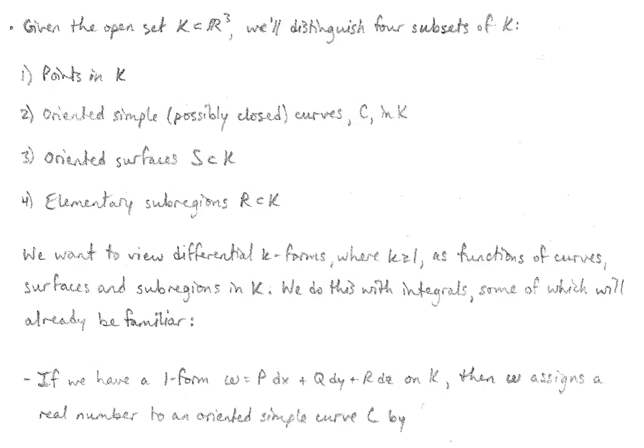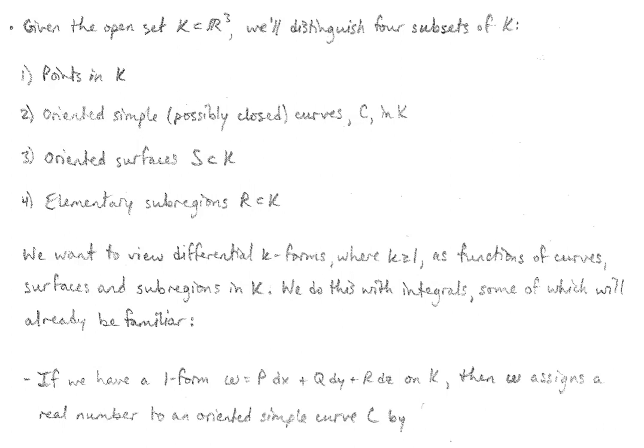So this differential 0 form is a function of a point in this subset K, and we get something in R, the set of real numbers.